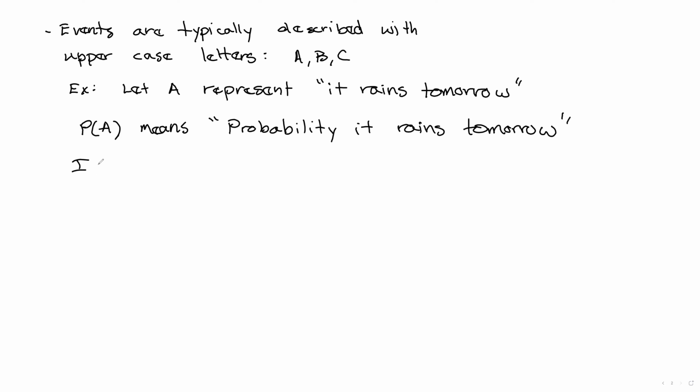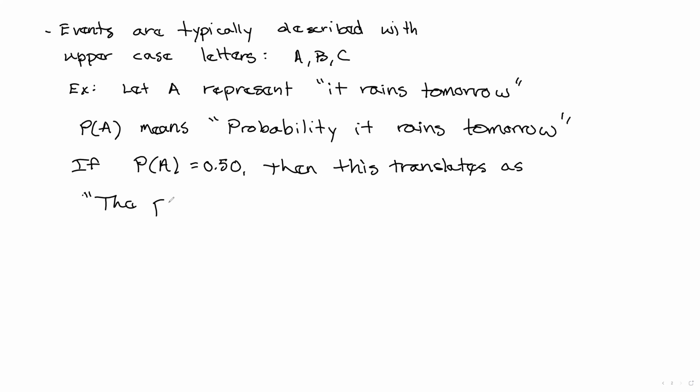And if we said P of A equals 0.50, then this translates as the probability it will rain tomorrow is 50%. Okay.